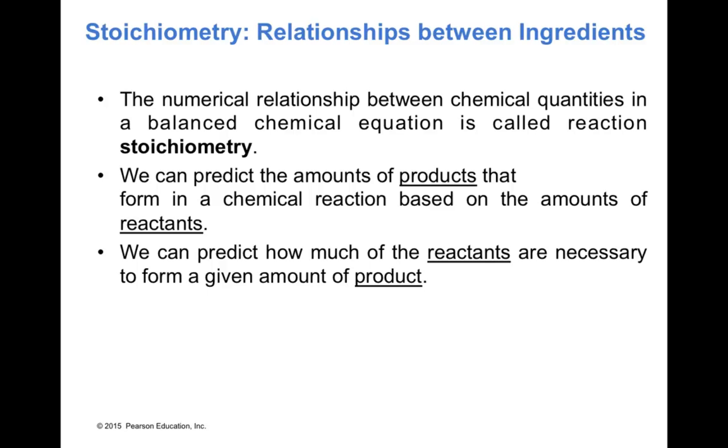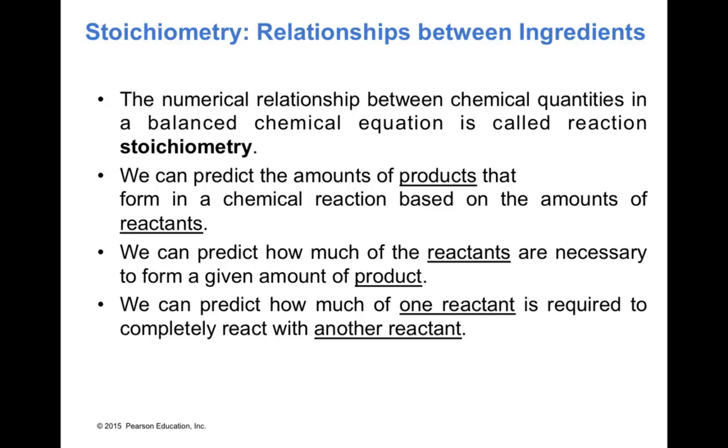So if we want to produce 10 pancakes, we can determine how much of each of the ingredients we need to produce that amount of product. Also, we can predict how much of one reactant is required to completely react with another reactant. So we can have all these different kinds of relationships.